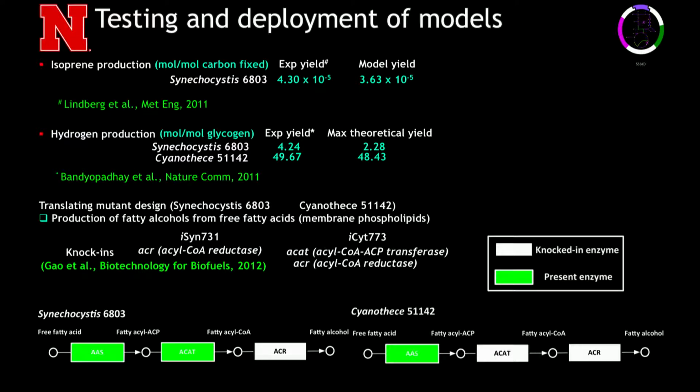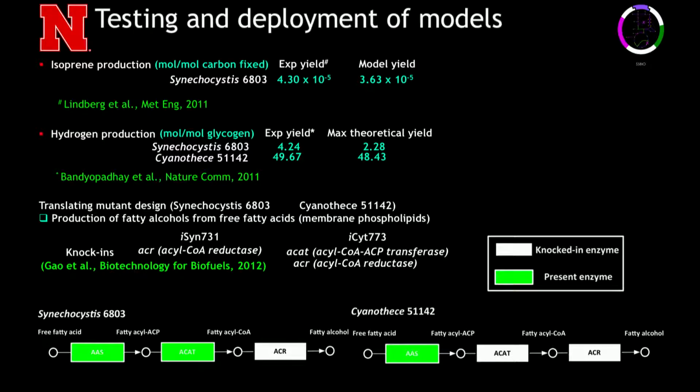Another use of this kind of model is how you can build synthetic pathways, because from the modeling point of view, if you do not have a reaction, you have to add that reaction. So, what we were trying to do was to produce fatty alcohol from fatty acid. In one we saw only one step is missing, in the other we saw two steps are missing.